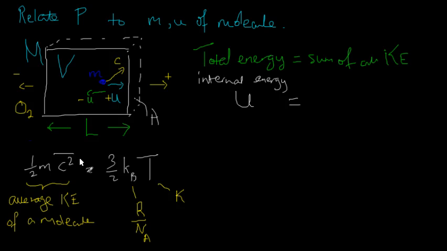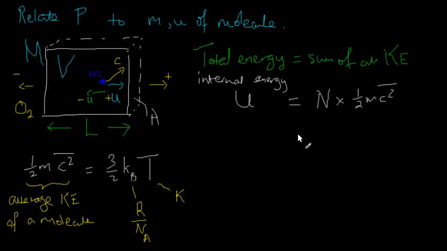But since we now have a formula for the average kinetic energy in terms of temperature, all we need is to multiply this by the number of particles, and that will give us the sum of all kinetic energy. So number of particles times half mc squared.